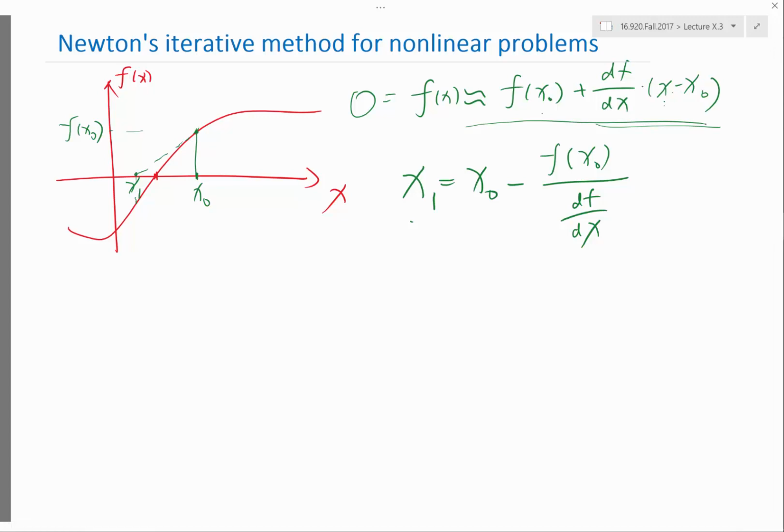So the interesting thing about Newton iteration is that the more I converge, the faster I converge. It's a little bit different from everything we have looked at before. For discretizing PDEs, our error decreases like delta x to a certain power.